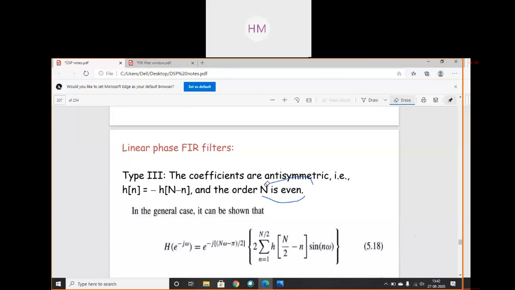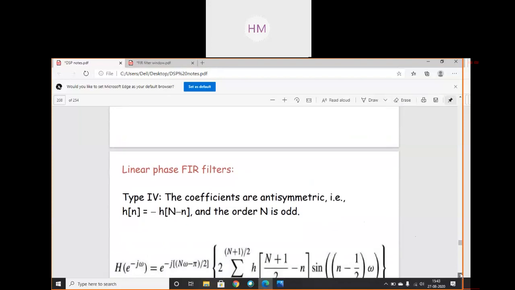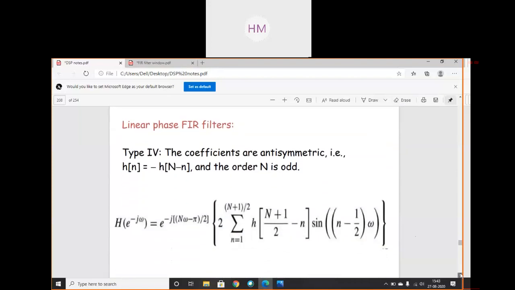It is not necessary that if n is even then my output will be symmetric. It could be antisymmetric. Clear? That is the type 3 linear phase filter. In type 4, the coefficients are antisymmetric. Now type 2 and type 4 are for n odd, symmetric and antisymmetric.